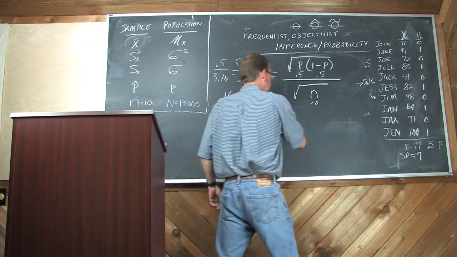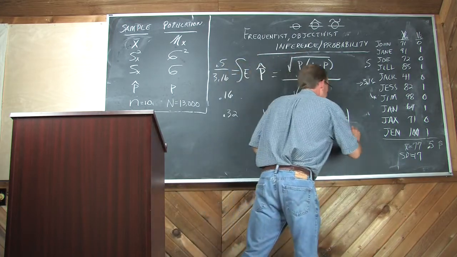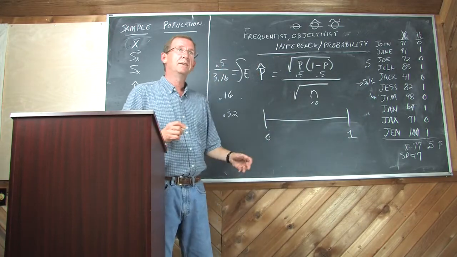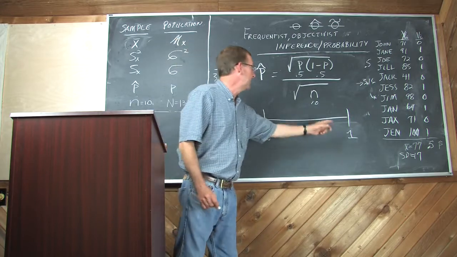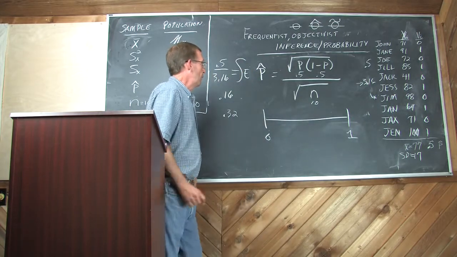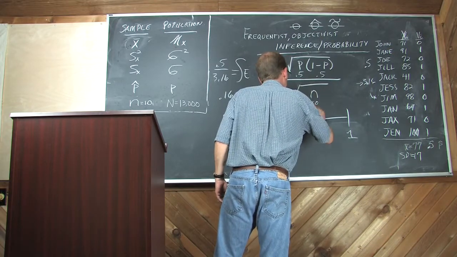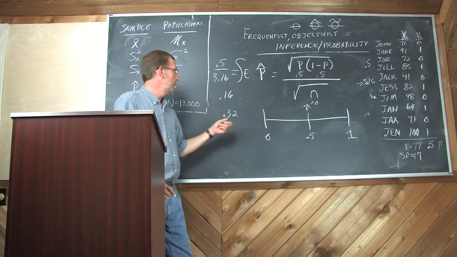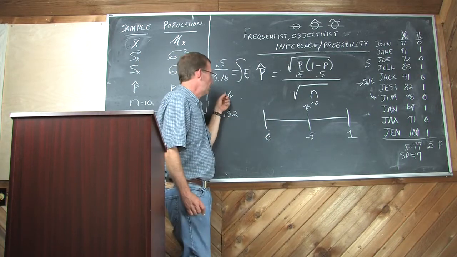So let's put the interval up. The interval is nice and bounded on 0 and 1. Remember, the early quick primer talk on probability, by law, they cannot go below 0 and they cannot go over 1. Our estimate of p hat is here, 0.5, and we're going to subtract twice the standard error estimate, which is 0.16.